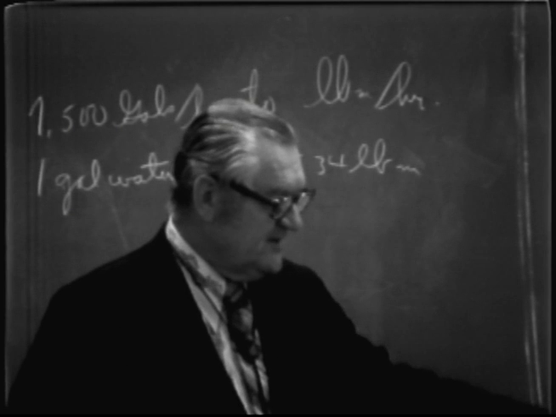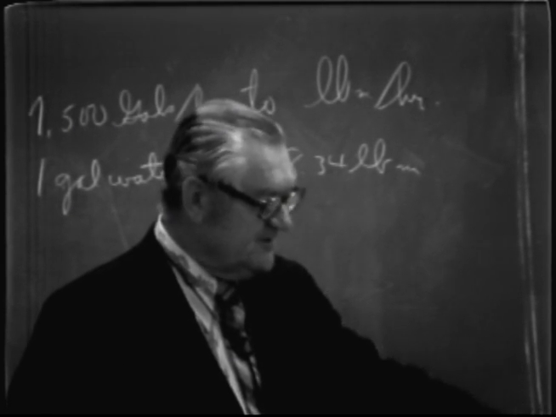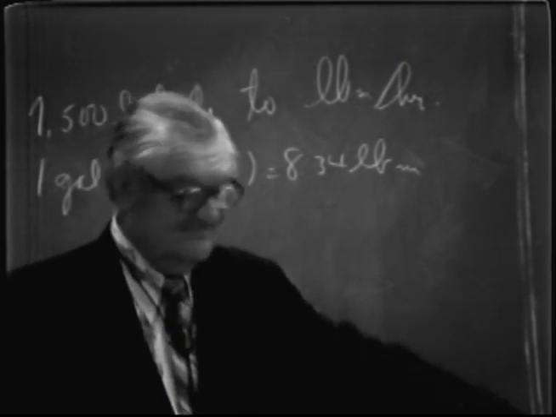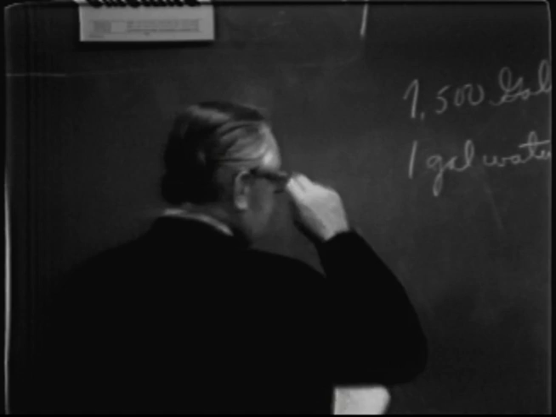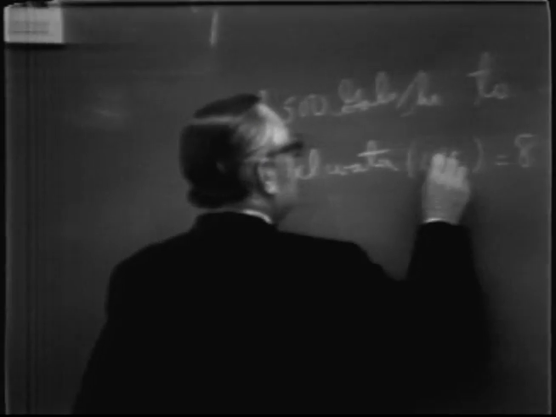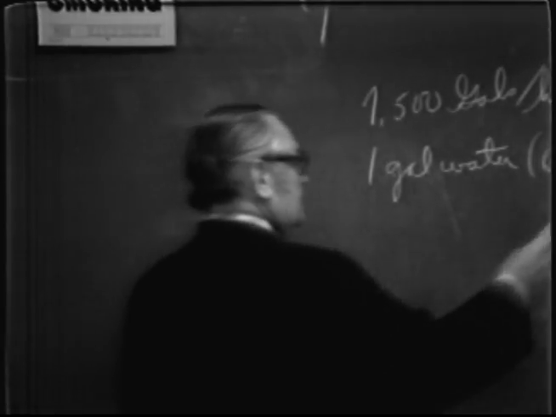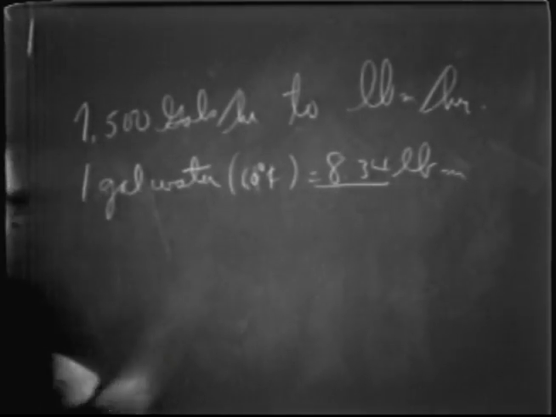But it wouldn't have to be that. It could have been measured at 20 degrees or 30 degrees centigrade or 68 or so forth. But anyway, for practical purposes, it doesn't make much difference whether you use 8.33 or 8.34. But this is the correct value at 60 degrees Fahrenheit.